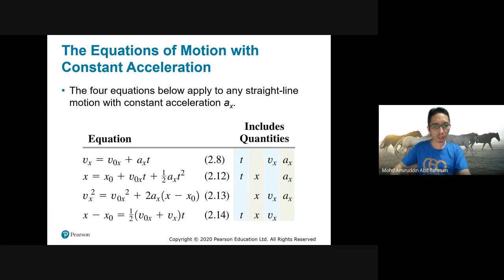So basically we include equation 2.12 and 2.8 into 2.13.